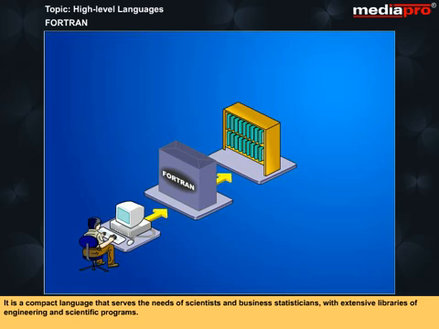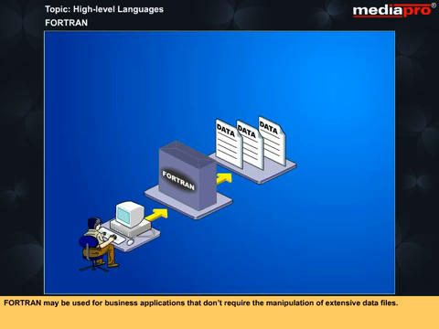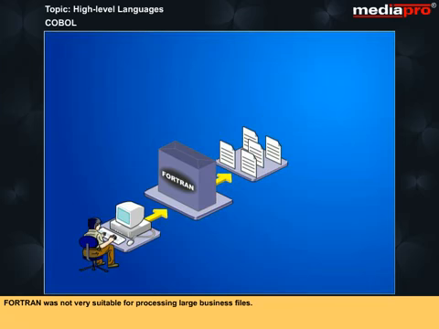It is a compact language that serves the needs of scientists and business statisticians with extensive libraries of engineering and scientific programs. FORTRAN may be used for business applications that don't require the manipulation of extensive data files. FORTRAN was not very suitable for processing large business files.